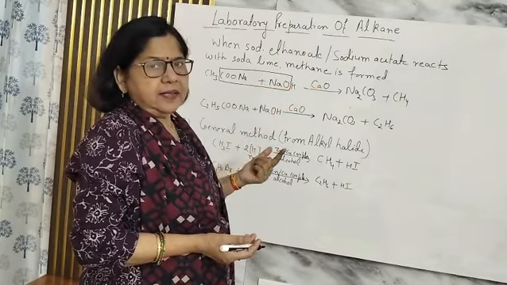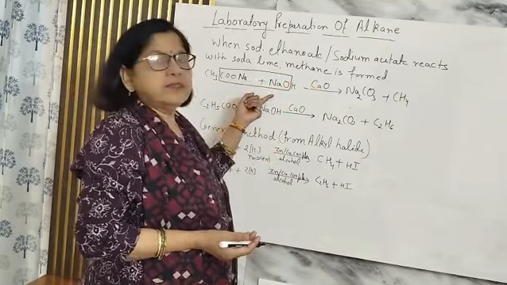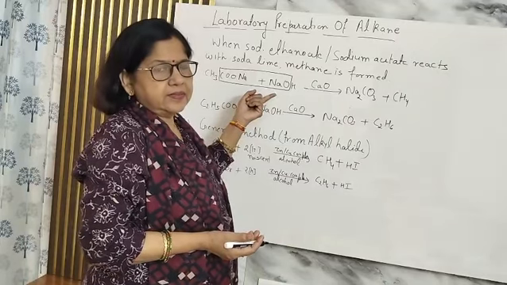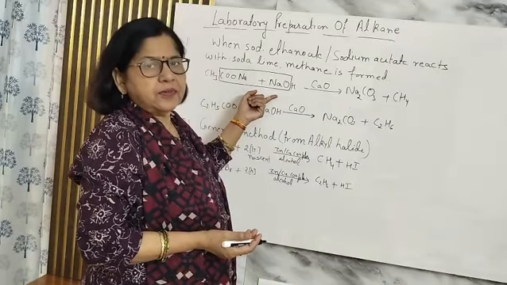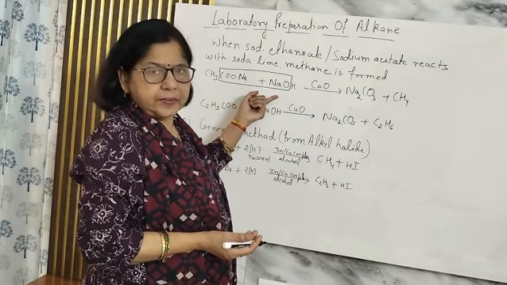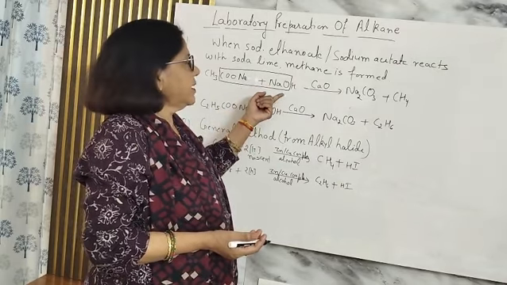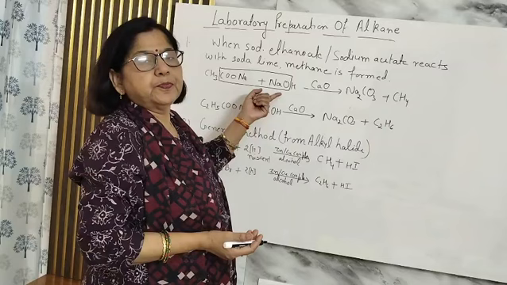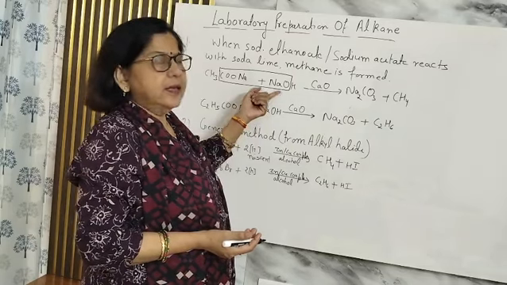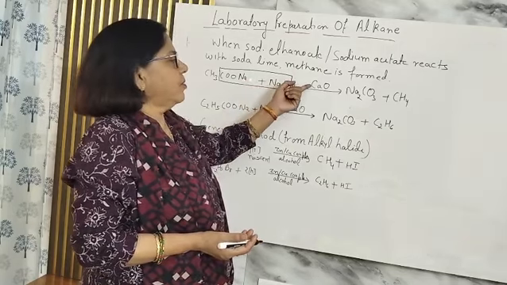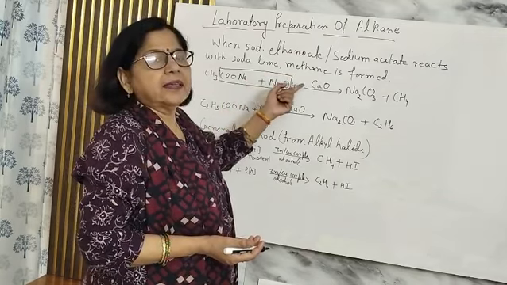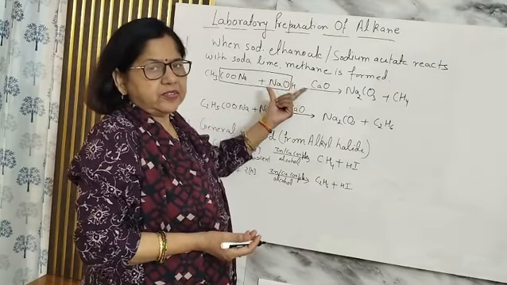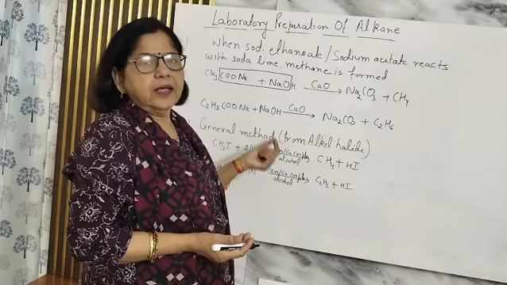So the answer is that NaOH is deliquescent in nature. Deliquescent means it absorbs the moisture and changes into the liquid state. So that is why pure NaOH is not taken. It is always taken in the form of NaOH and calcium oxide, and the mixture of these two things is called soda lime.